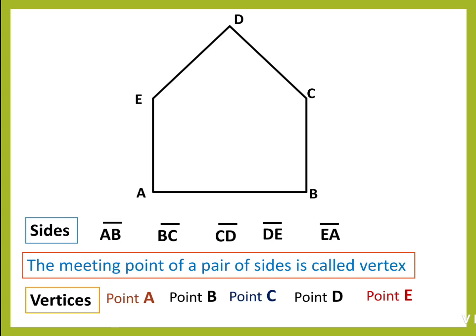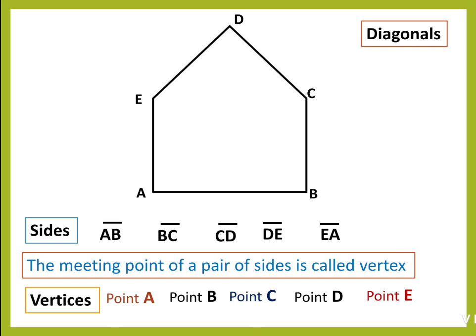Next, the part is diagonals. Diagonals, we know the line segment joining opposite vertices, opposite points. Here, starting from A, if we draw a line segment opposite to A, which is the opposite point of A?